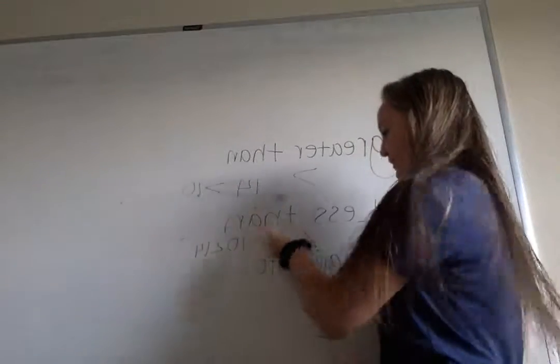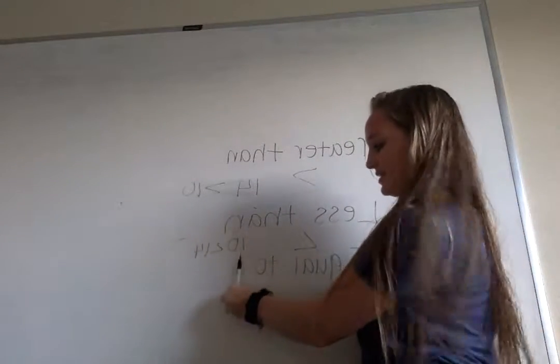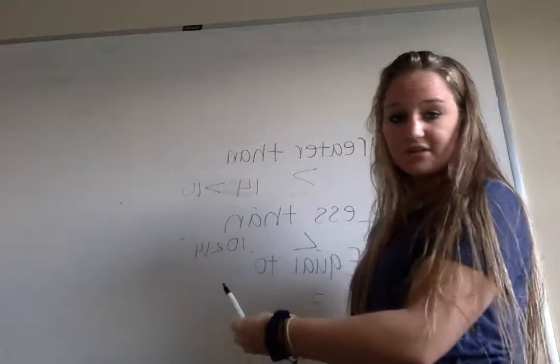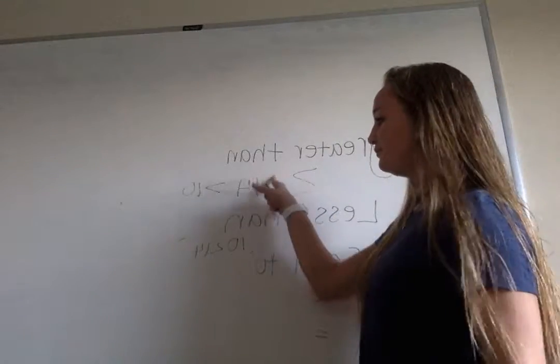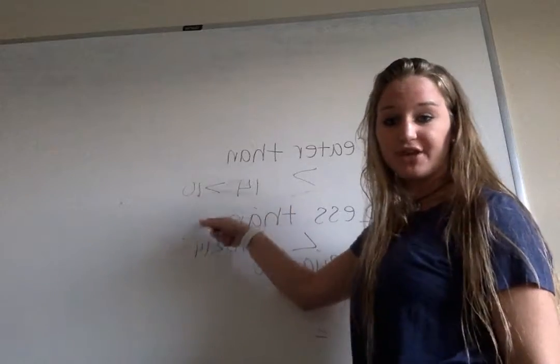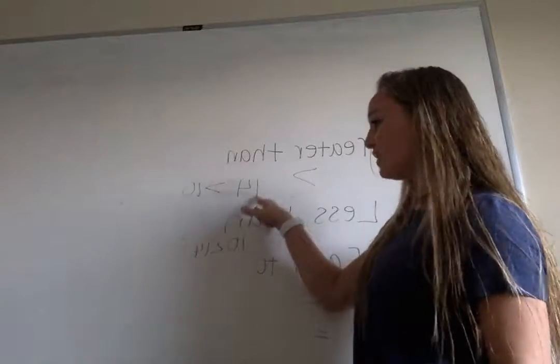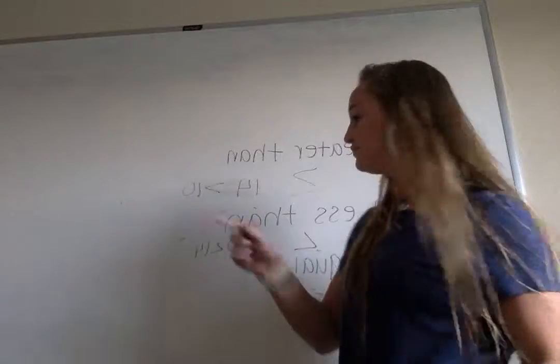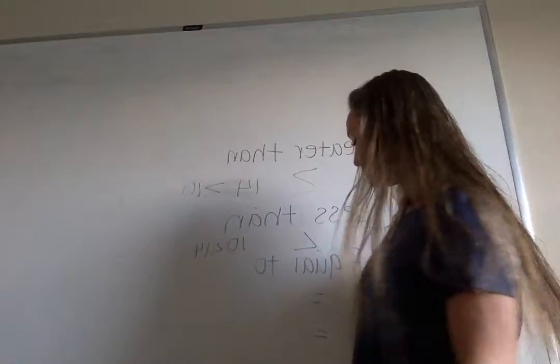For example, if we're trying to say less than in this example, 10 is less than 14, so you should write 10 first. In greater than, if we're trying to say 14 is greater than 10, then we should write 14 first, put the sign of the alligator eating a larger number, and write the 10 at the end.